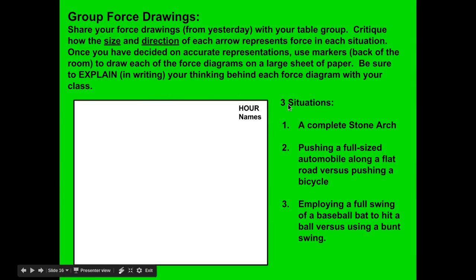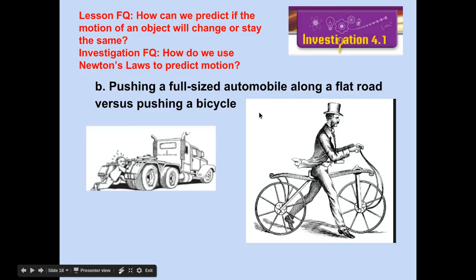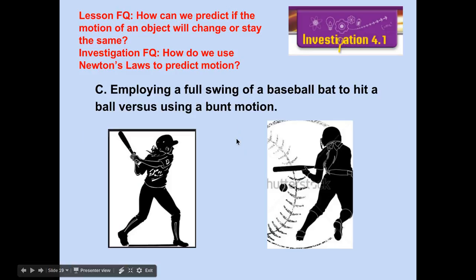There are 3 situations we just talked about, and those need to be placed on your large sheet of paper, drawn with markers and explained. If you get time, you want to go through this. This is the stone arch, an automobile, a bicycle and a bunt. So this is how far we're going to get today.